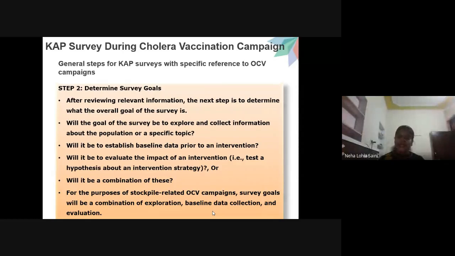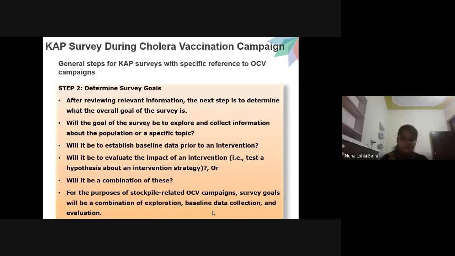Second, will it be to establish baseline data prior to an intervention, a pre-KAP survey? Third, will it be to evaluate the impact of an intervention, that is, to test a hypothesis about an intervention strategy, or will it be a combination of all these? You have to determine your survey goals before you start making your questionnaire or doing your survey.